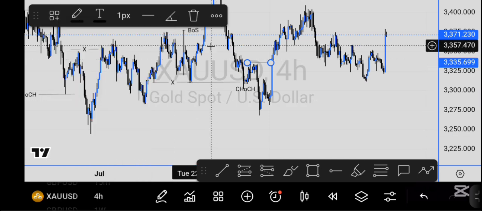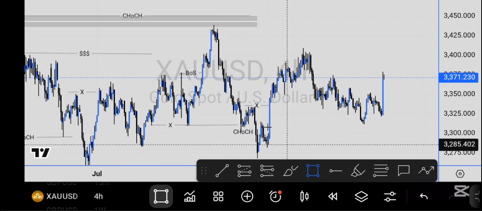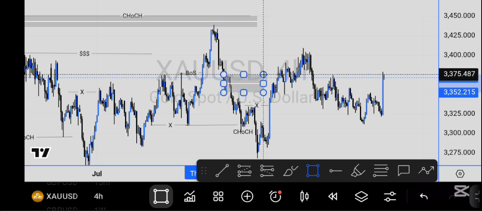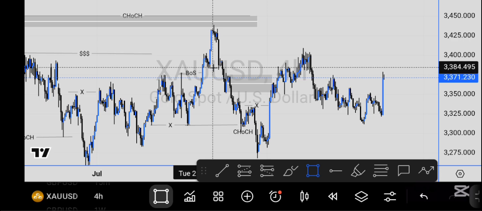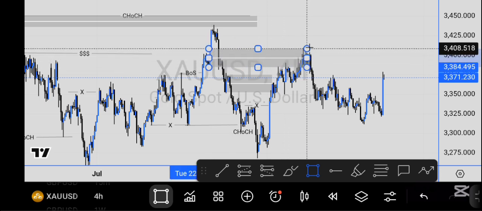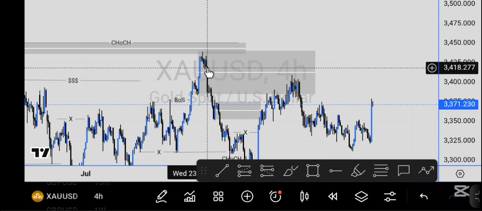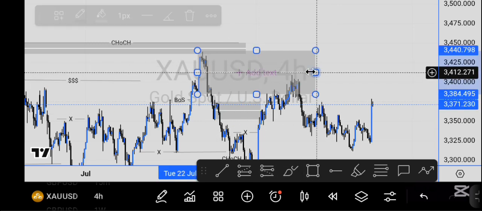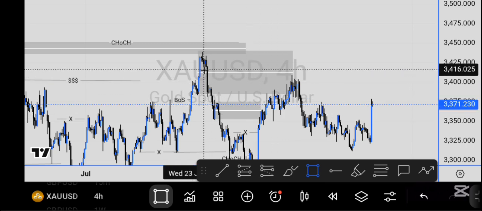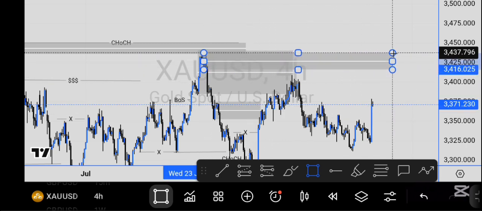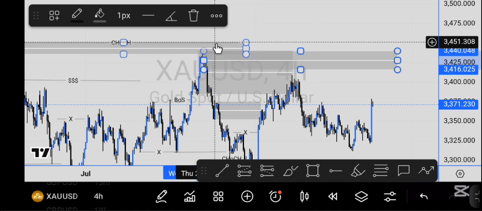We have our inducement right here, and then we have multiple POIs. This is the first one, which you can see obviously it failed. This is our second POI, which is this order flow. Inside this order flow we have another minor order flow, which price has to break before we can have our change of character right here.